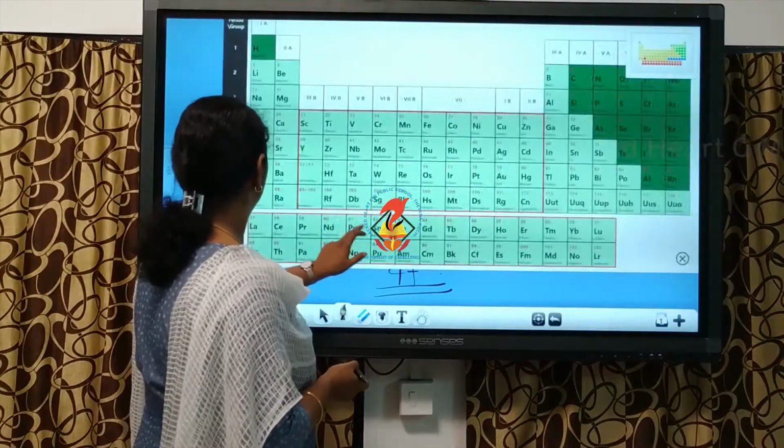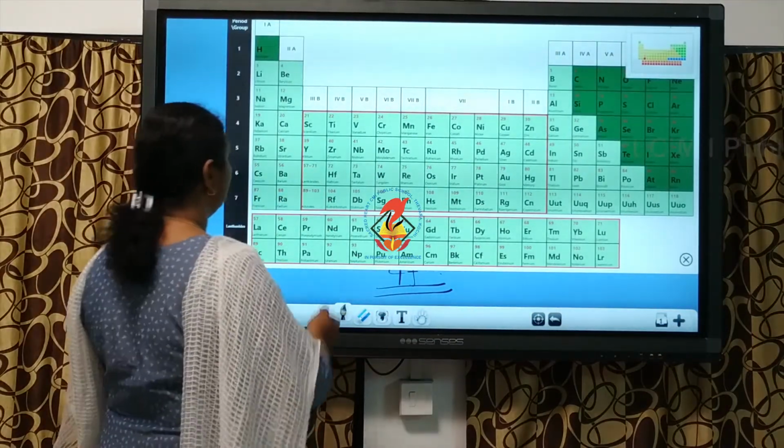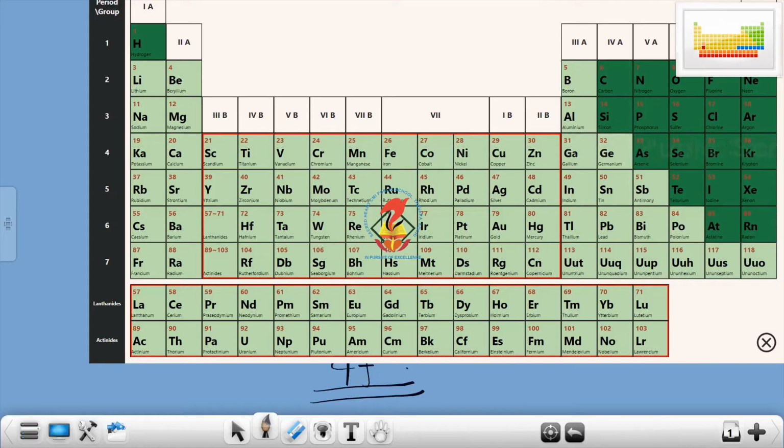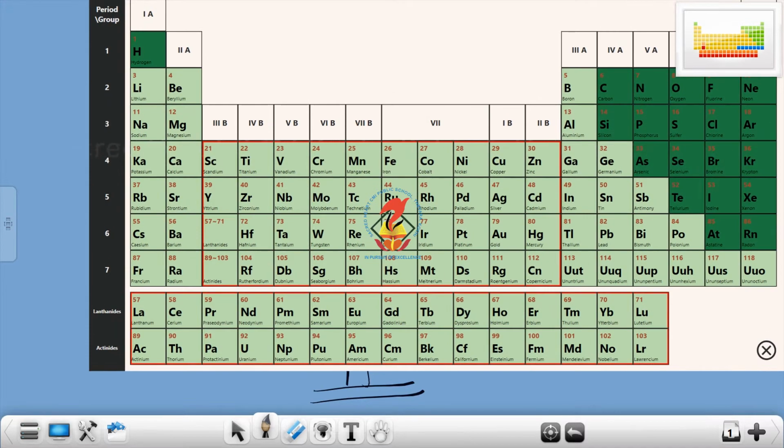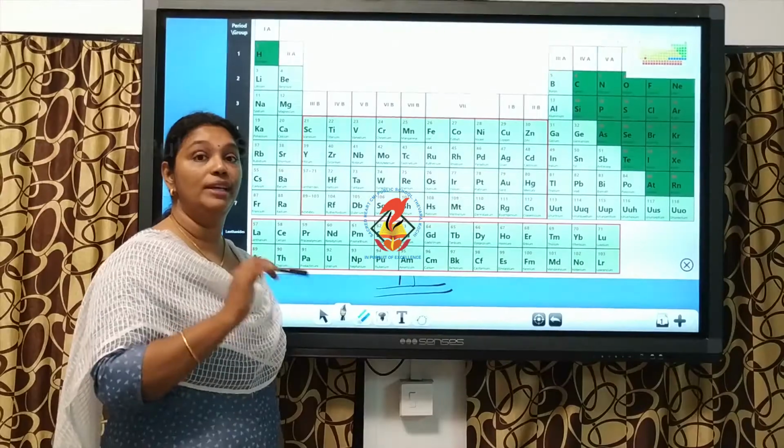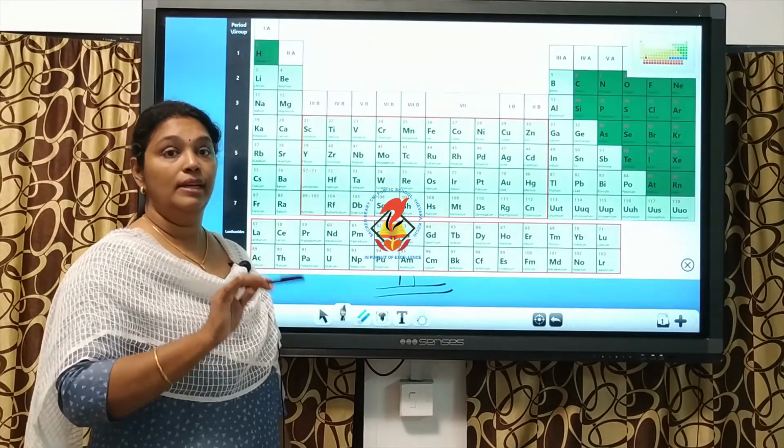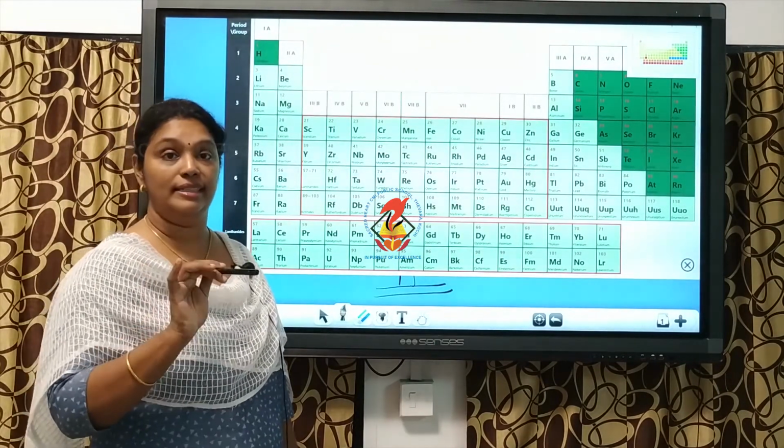If you look at the periodic table, you can see barium atomic number is 56. After 56 we have 57 here, lanthanum. Now the next 14 elements following lanthanum, their 4f orbitals are getting filled.